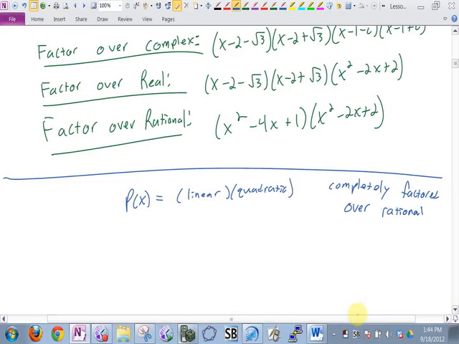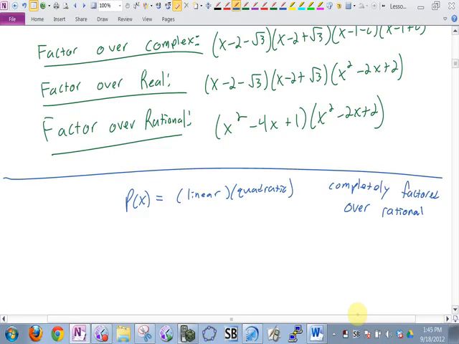So let's suppose this polynomial is factored completely over the set of rational numbers. What can you tell me about this polynomial? It's got a linear factor and a quadratic factor. It's a degree what? So it has how many zeros? What types of numbers could those zeros be? Could all three be real? Yes, if all three are real, specifically one of them is rational and the other two, those irrationals would be conjugates of each other.